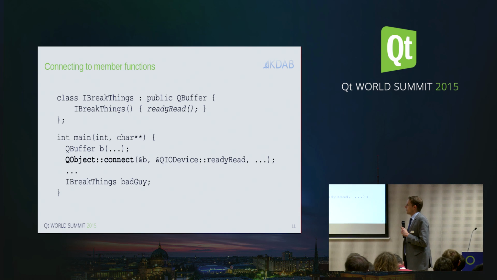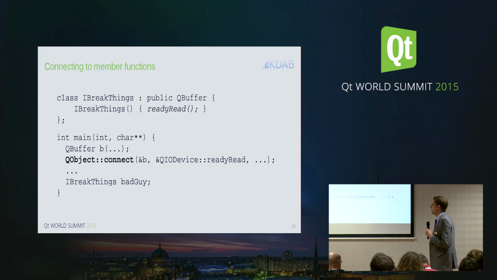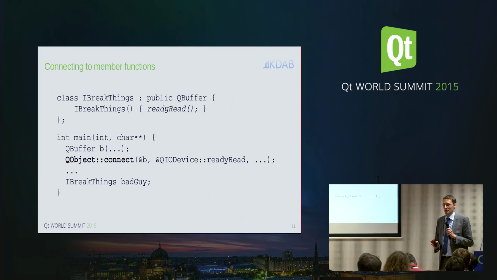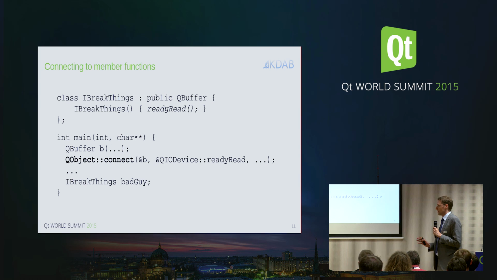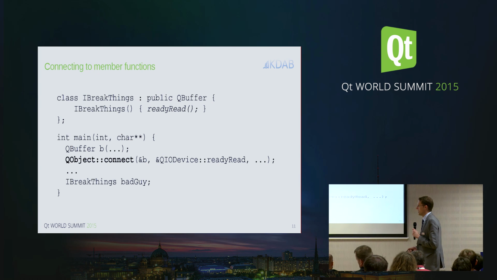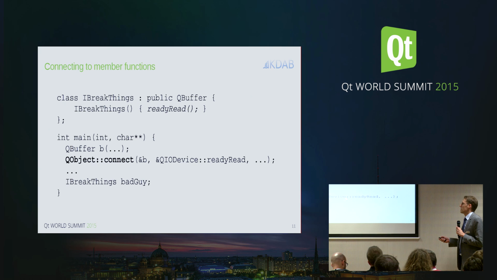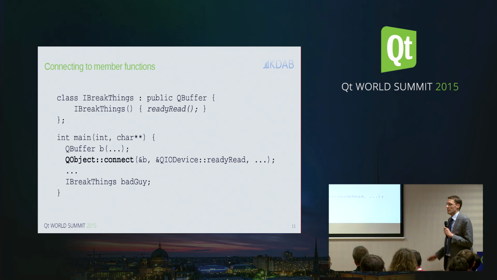So if we look at this very small example here. Looks completely harmless. What happens under some circumstances, so I don't want to scare you from using the new static connects. Most of the time they work. Just if they don't, it gets a bit tricky. So this is the code, and this connect fails at runtime because it can't find this signal.